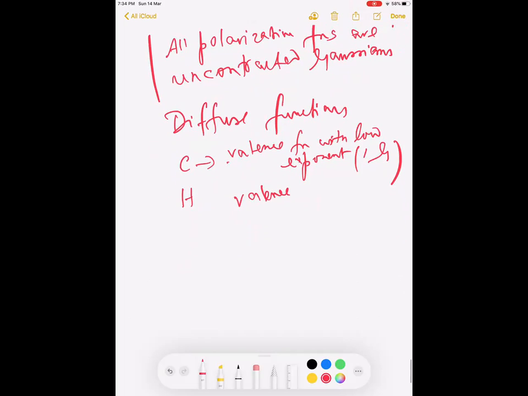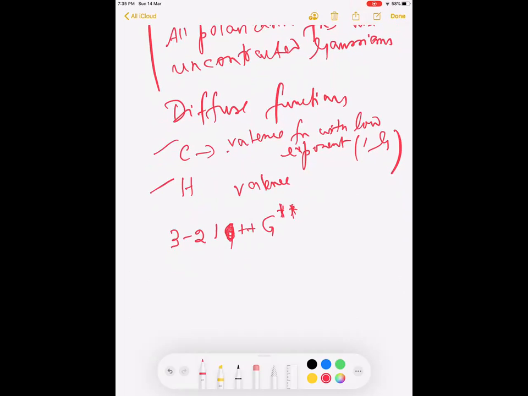So the diffuse functions are written in Pople's basis in the following manner. 3, 2, 1 G. So let's say I have done diffuse for both carbon and hydrogen. Then I write 3, 2, 1, sorry, this is written slightly differently: 3, 2, 1, plus, plus, then G, then star, star.